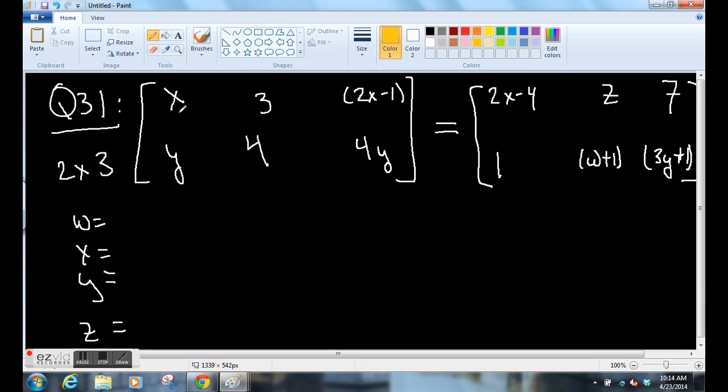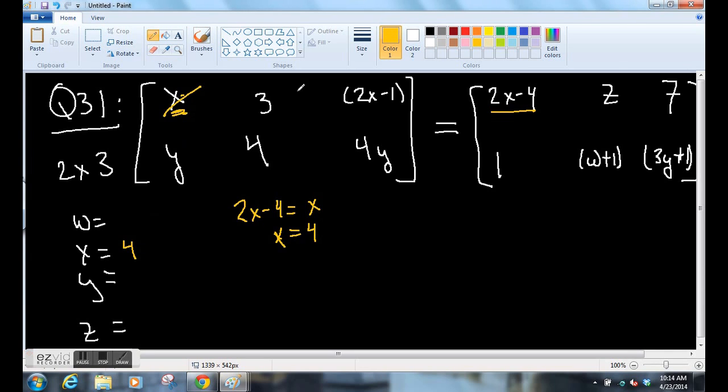Okay, and we're going to do this because we know that if two matrices are equal to each other, that means the entries are equal to each other. So the first thing we know is that 2x minus 4 equals x. So if you subtract an x from this side, you know that x equals 4.